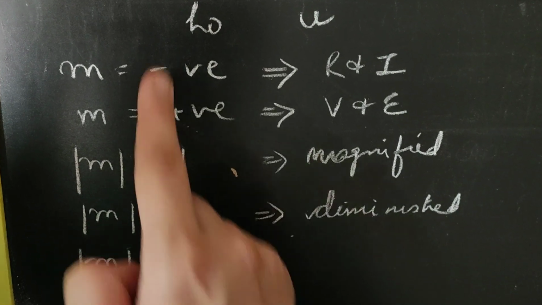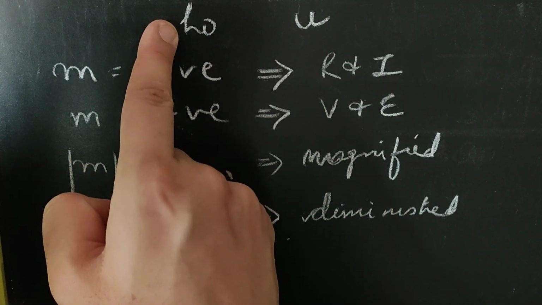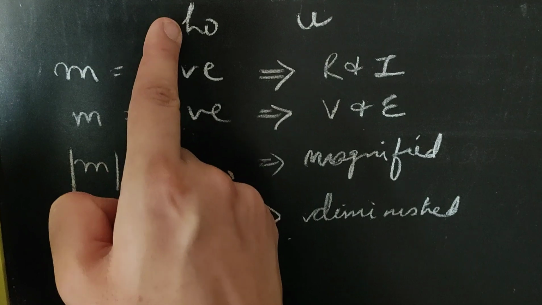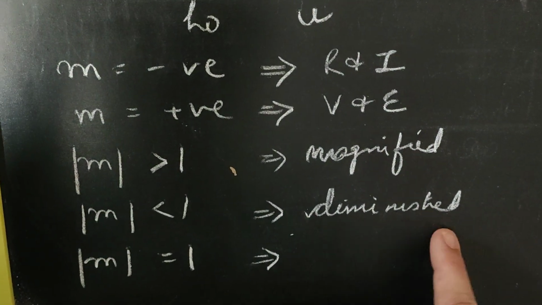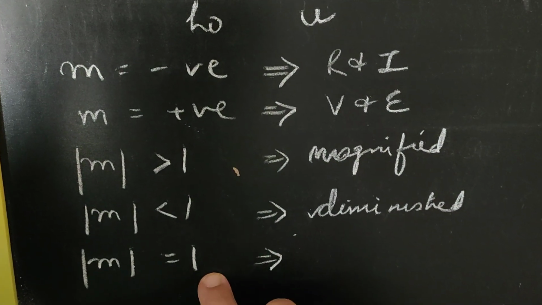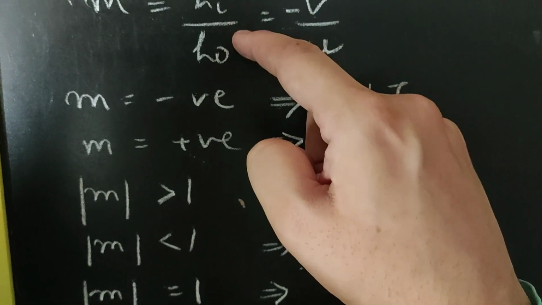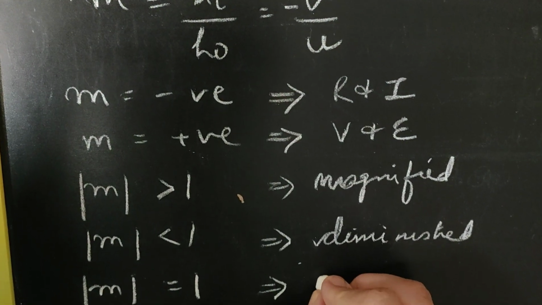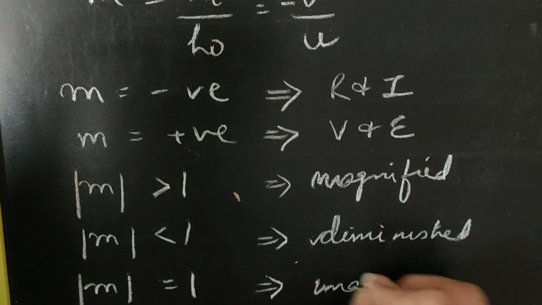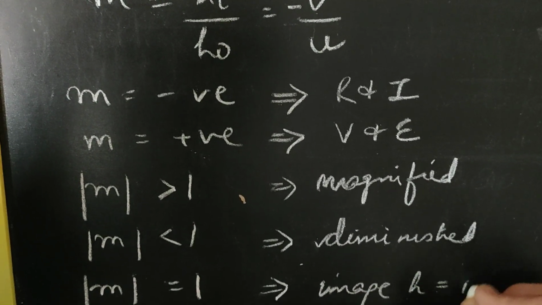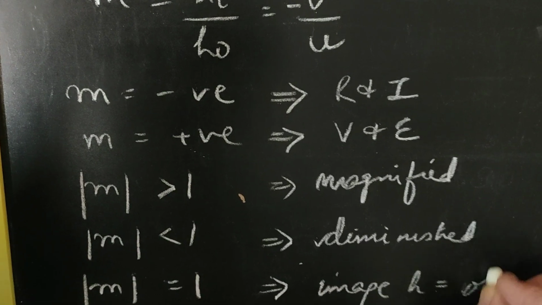Magnification less than 1 मतलब numerator is less than denominator. Numerator मतलब height of image is less than denominator, so that means image is diminished. And magnification equal to 1 मतलब both of the numerator and denominator are the same, so that means image and object size are equal. Image height is equal to the object height.